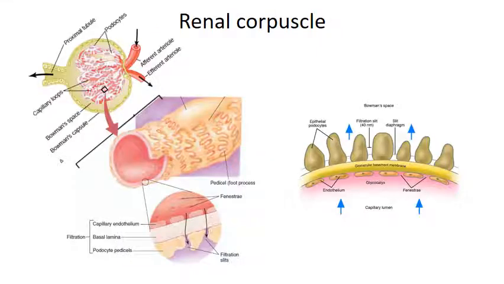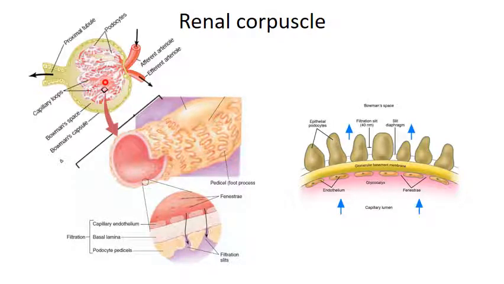Okay, this slide is describing the structure of the renal corpuscle. The renal corpuscle is the first part of the nephron, which consists of a capillary network surrounded by a capsule-like structure.